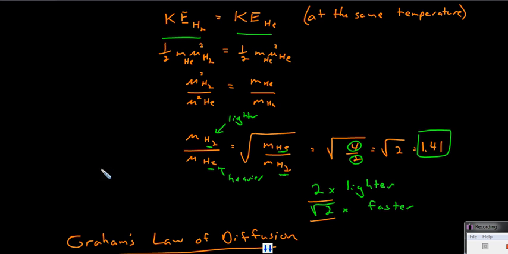So let's say that you were 4 times lighter than a certain particle. How many times faster would you travel? You would travel the square root of 4 times faster, or you would travel 2 times faster.